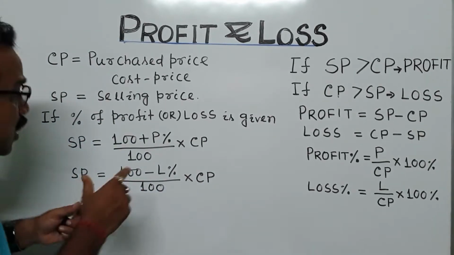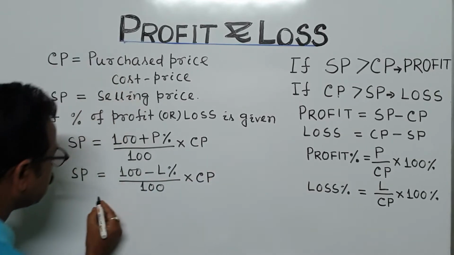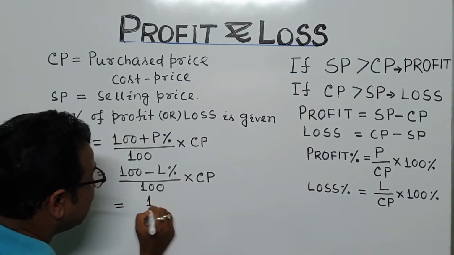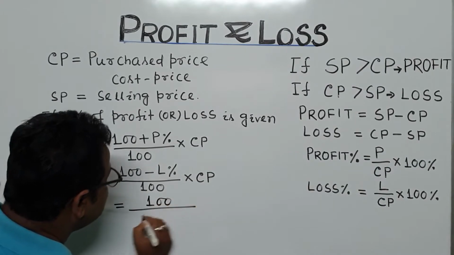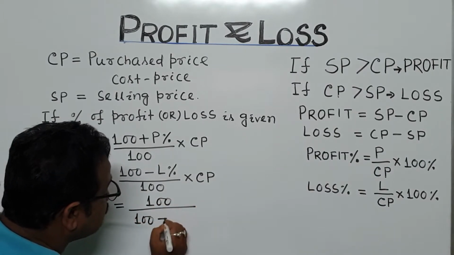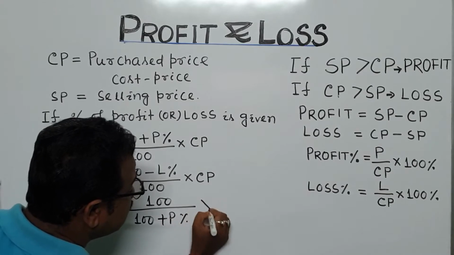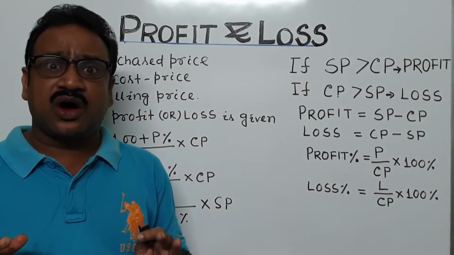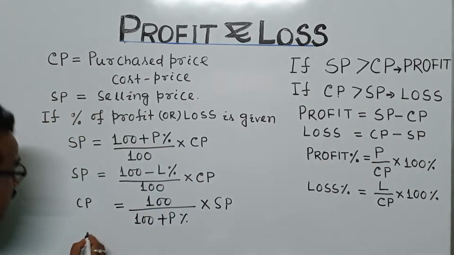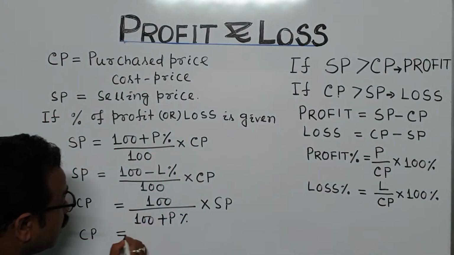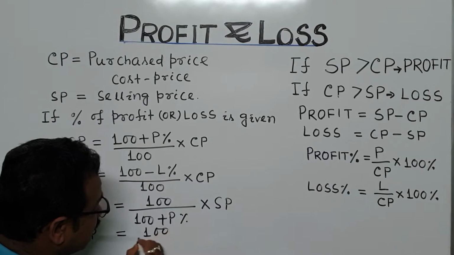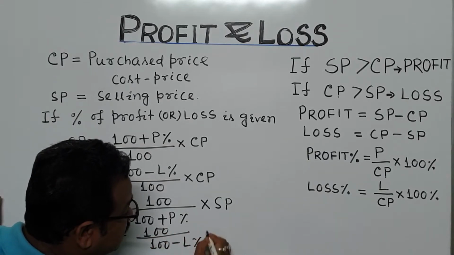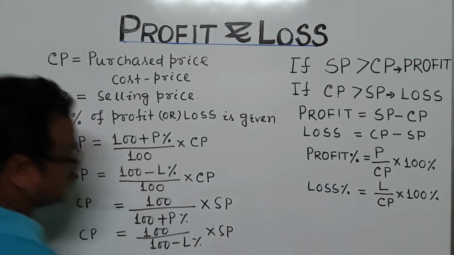If you have to find out CP, then what will we do? CP is equal to 100 by (100 plus profit percent) into SP. Similarly, CP is equal to 100 by (100 minus loss percent) into SP.